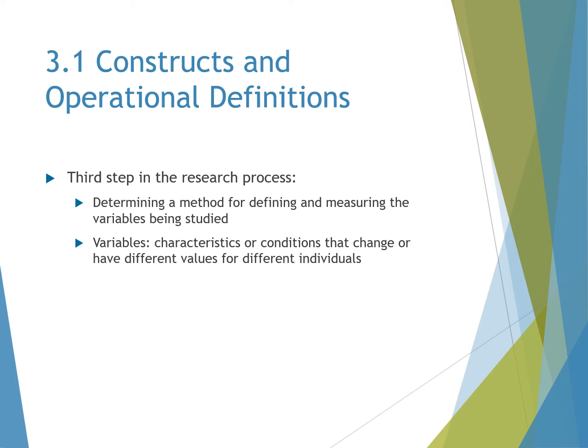Examples of variables are things like height and weight, which are objective and easy to measure. But in psychology we are more likely to study those intangible, abstract attributes, things like someone's motivation or self-esteem. And when we're looking at these kinds of abstract things, measurement gets much more complicated.